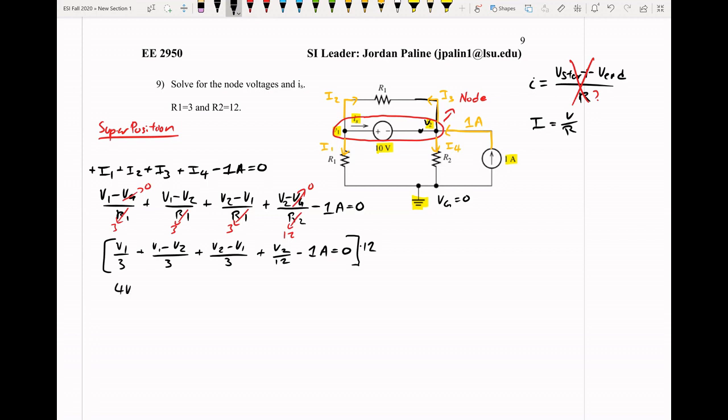We get 4V1 plus 4V1 minus 4V2 plus 4V2 minus 4V1 plus V2 minus 12 amps is equal to 0.